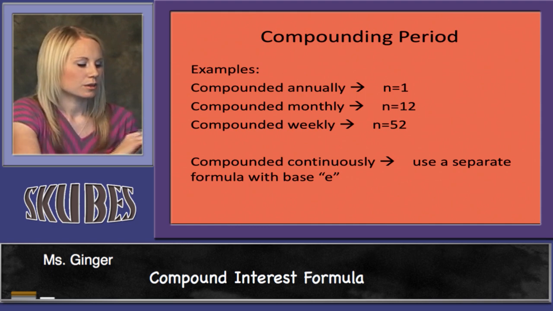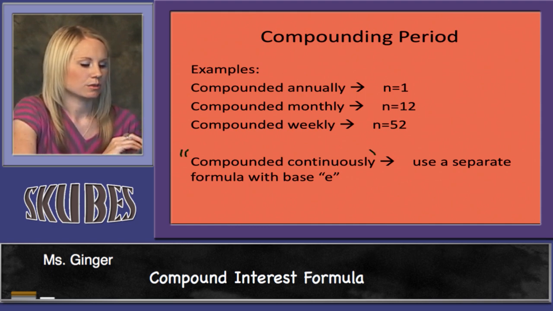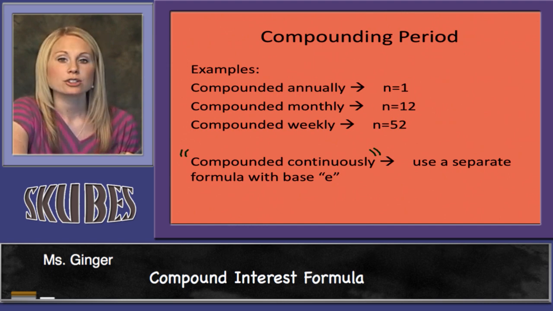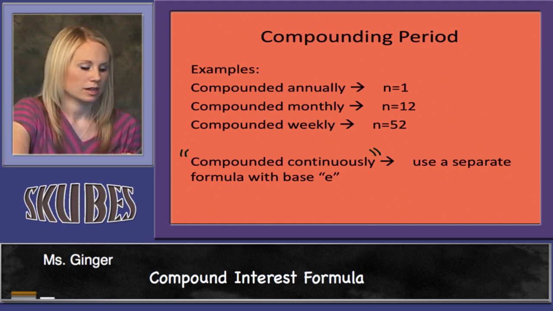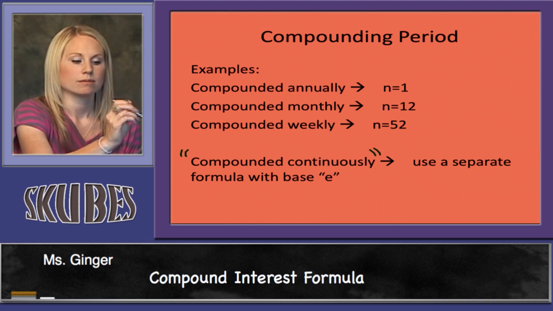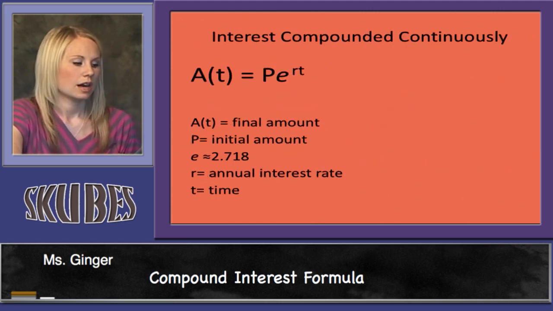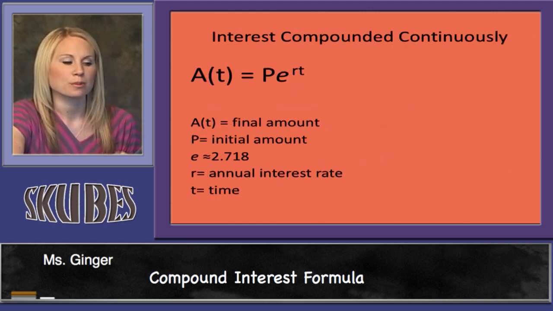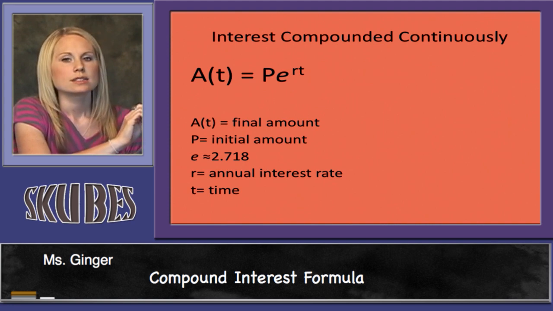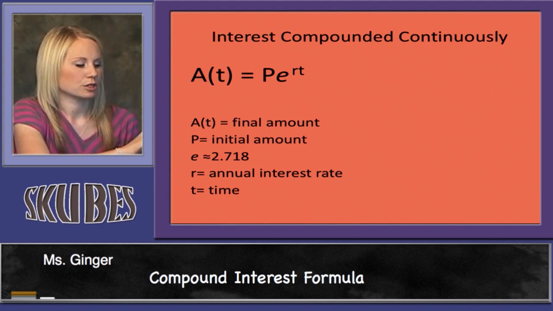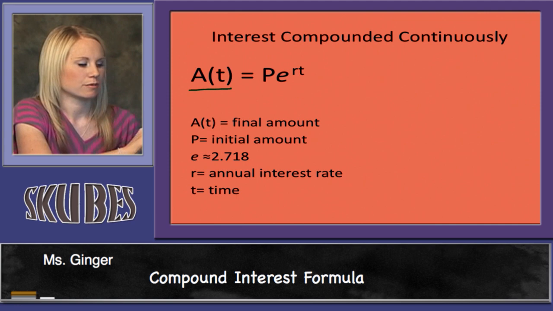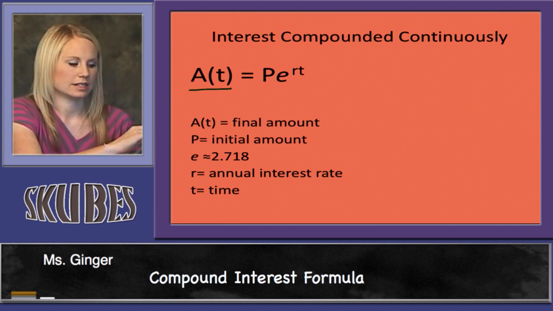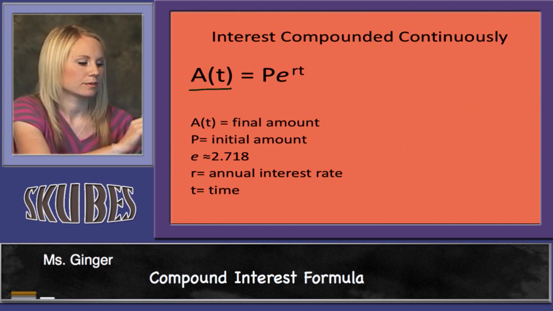Now, if you see the words compounded continuously in your problem, you're actually going to use a whole separate formula with a base of e. We're going to take a look at that now. Often referred to as the PERT formula. Similar to the formula we just looked at, some things match up. For instance, the first a of t is still going to represent the final amount.